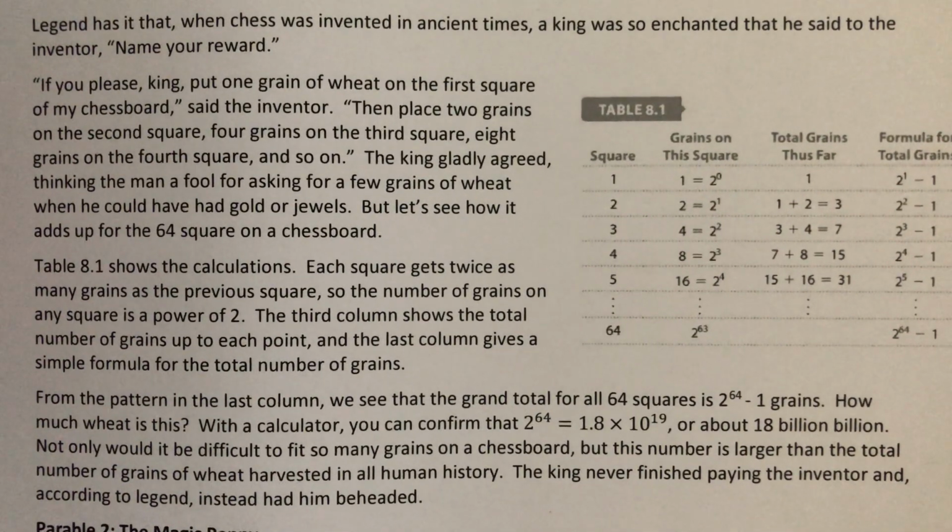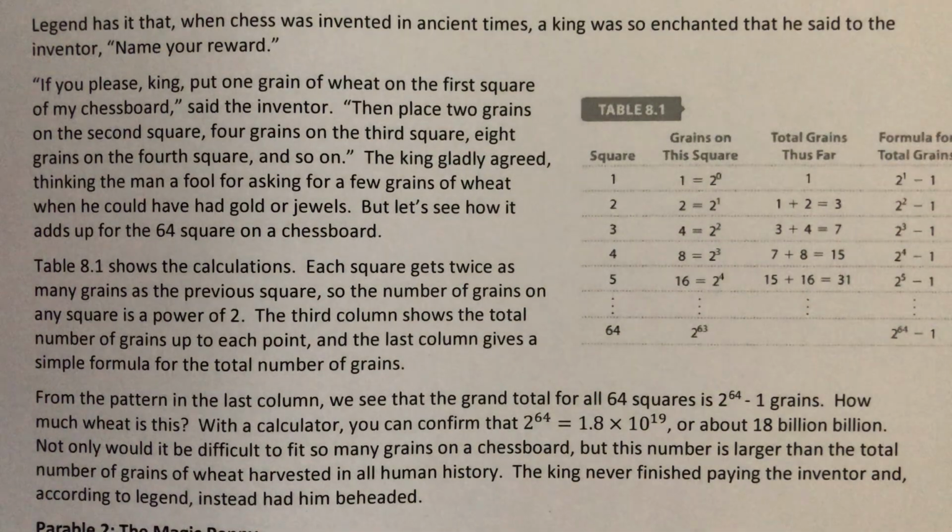All right. So the story goes, kind of a couple examples of what doubling does, or what exponential does. The story goes that chess was invented, and the king absolutely loved the game. So he told the inventor, ask for anything you want, and I'll give it to you.